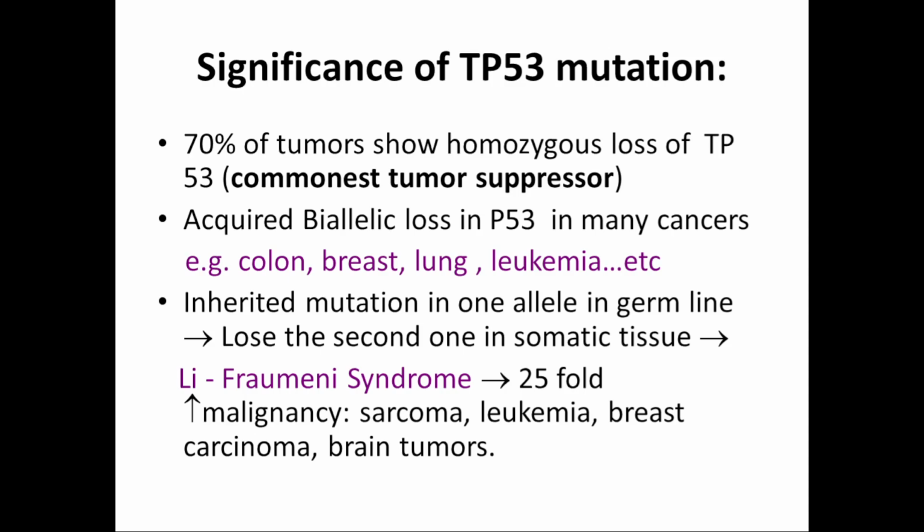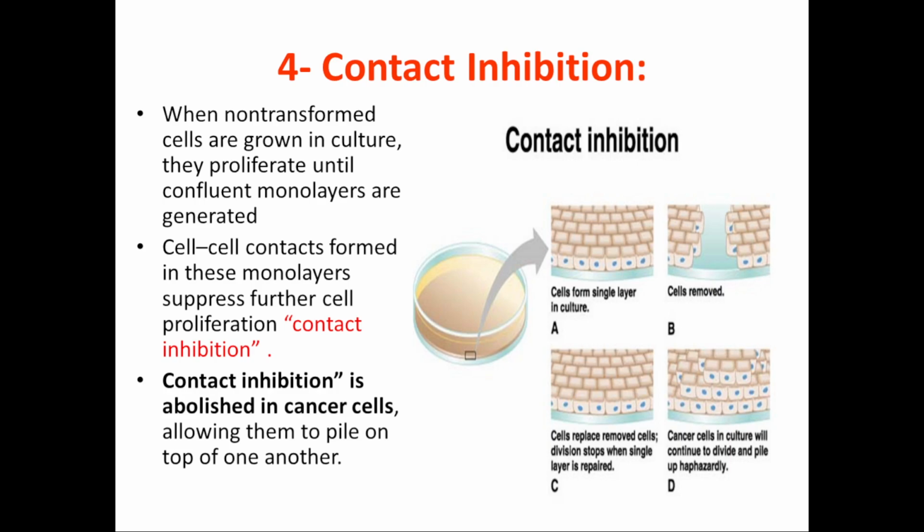So sometimes one tumor has more than one mutation, involving oncogenes or tumor suppressor genes, and this leads to a high ability of metastasis and invasion, and they present with high tumor stage and so on.